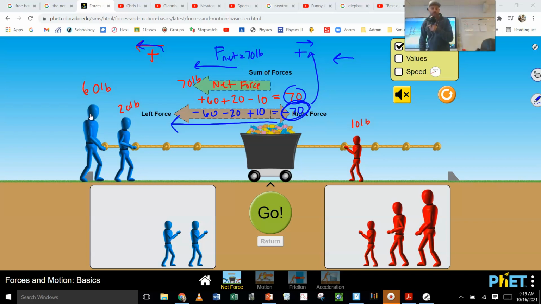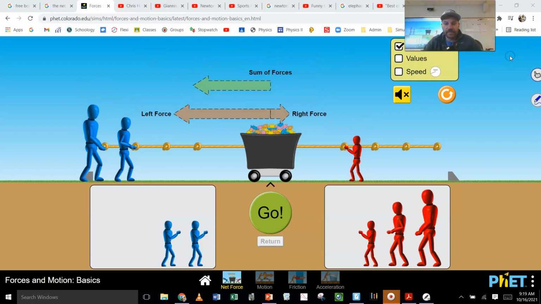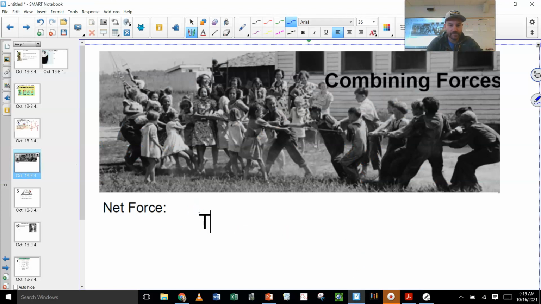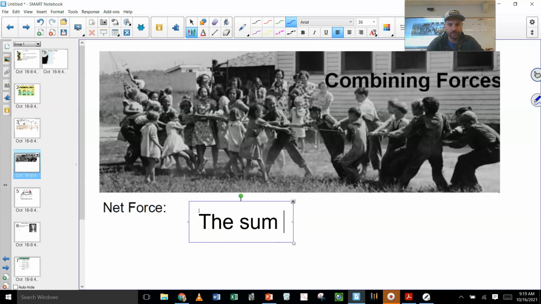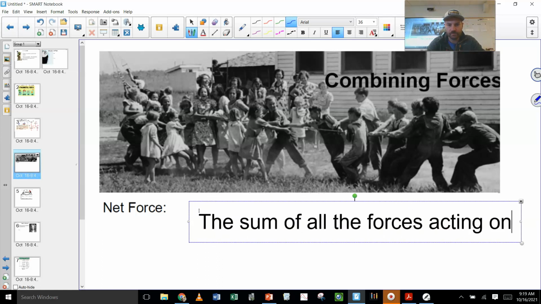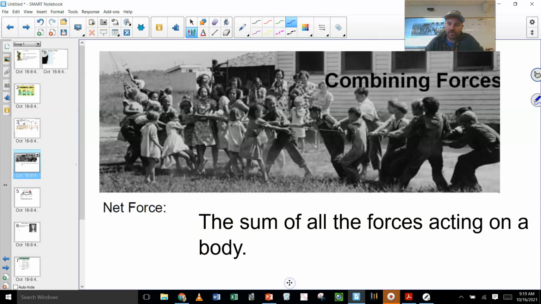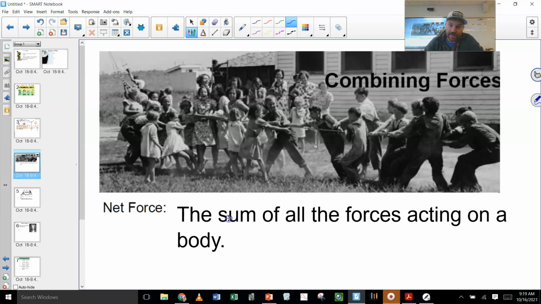The net force, when we do these things, is just the sum of all the forces acting on a body. So when you go over here, we'll put that in. The net force is the sum of all the forces acting on a body, and in sum, you add them up.